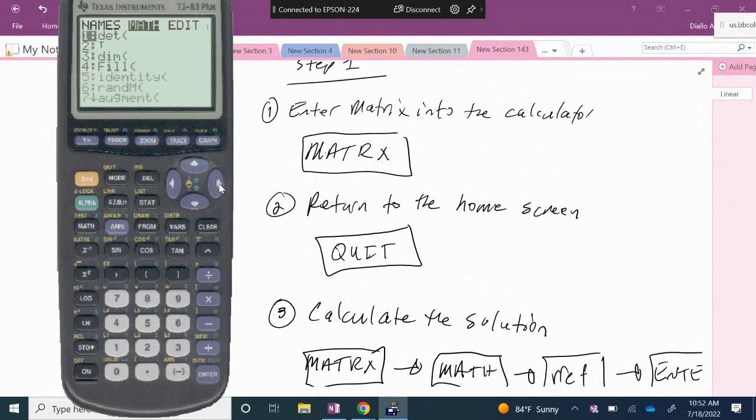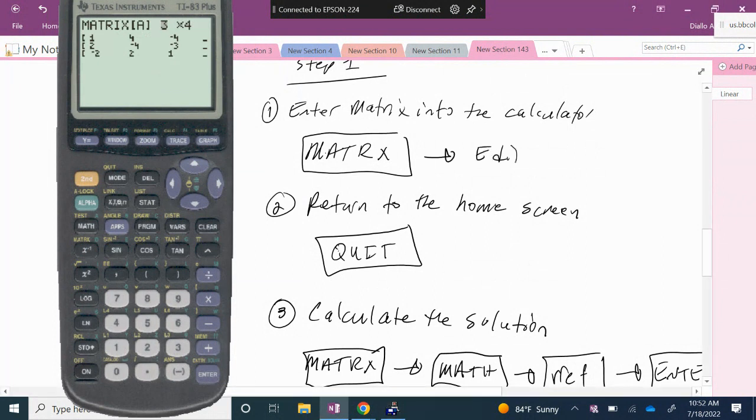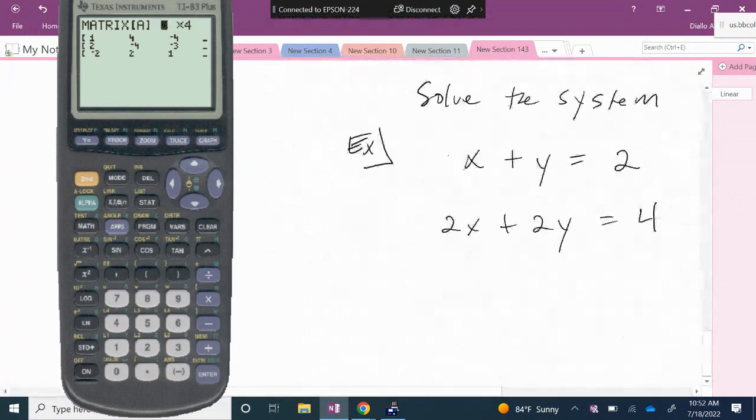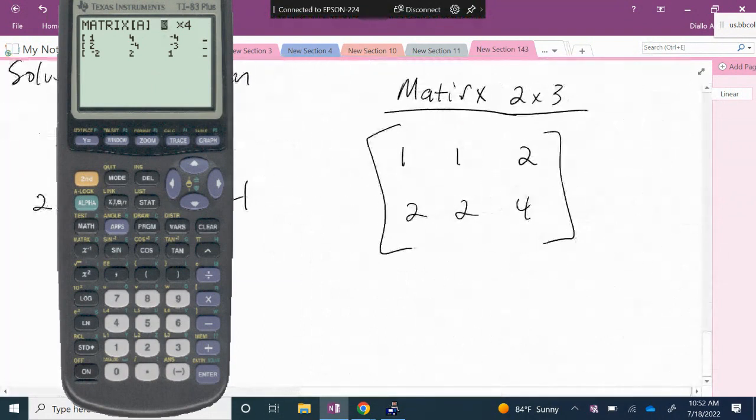I'm going to go over to edit. All right, so this is a 2 by 3 matrix.